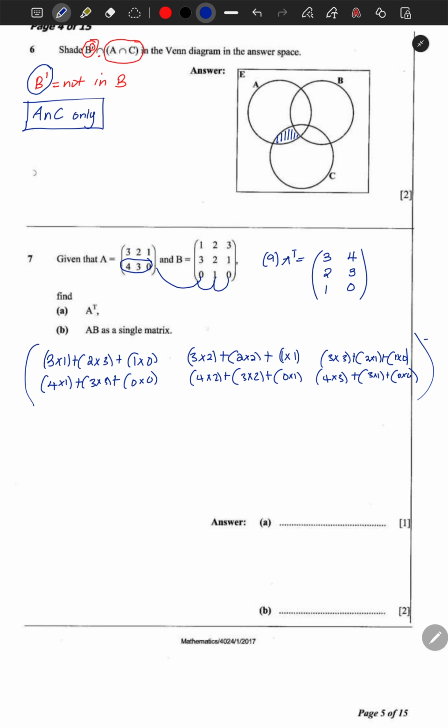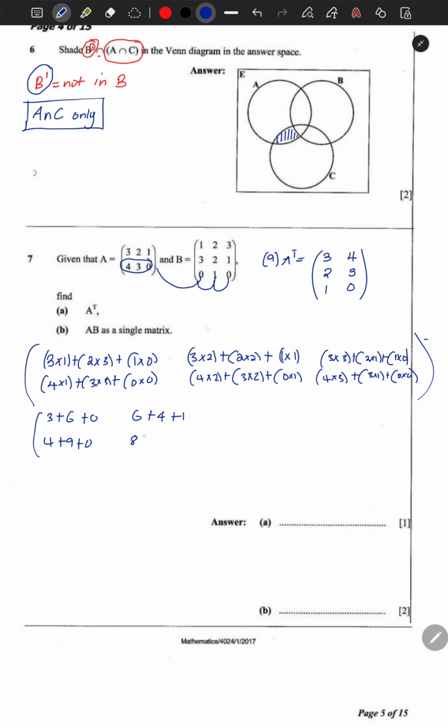So now we can begin multiplying. 3 and 3 is 3, so 3 plus 6 plus 0 gives 9. Then 4 plus 9 plus 0, that is 6 plus 4. Don't ask me how I'm multiplying by now; you can't fail to multiply these numbers.